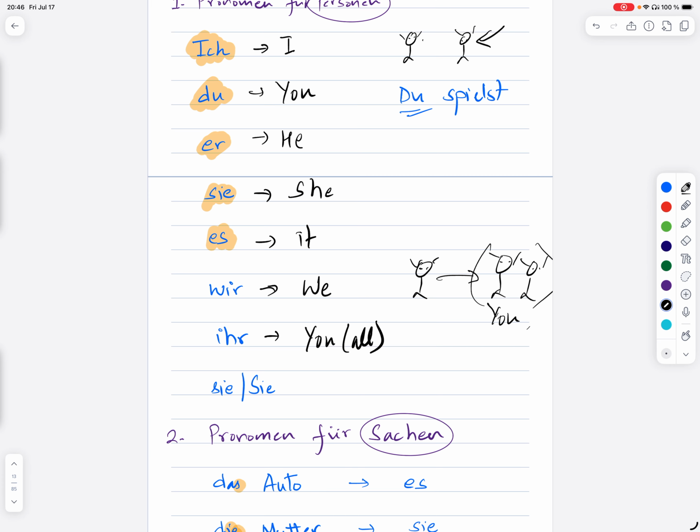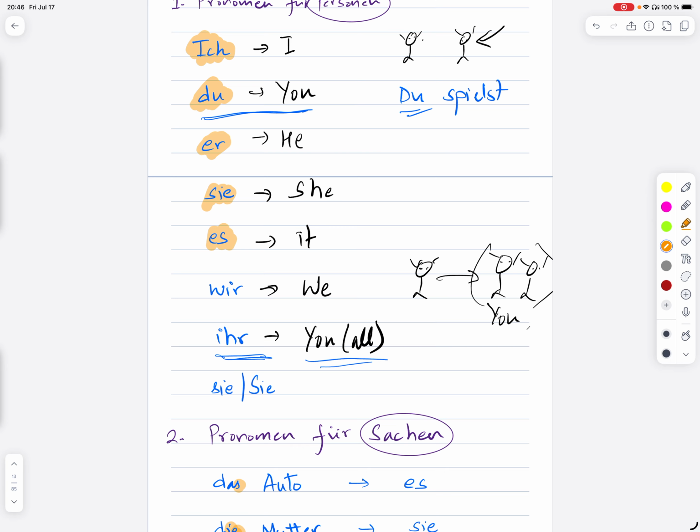And this is ihr in German, but in English it's just you. For du, which is you, when you talk to one person, du spielst. But when you have more than two people, then you say ihr, and this is equivalent to you, but all of you I'm talking to, right?